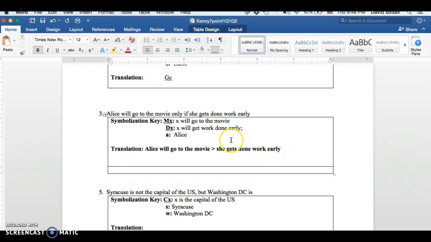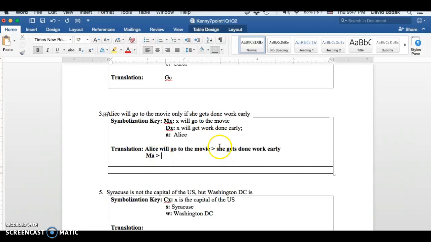Okay, so first we need to translate the first part of this. Alice will go to the movie. All right, so we're told up here that MX stands for X will go to the movie. So that's our predicate. Predicate goes first, uppercase. Our subject here is Alice. Alice is abbreviated with lowercase a.